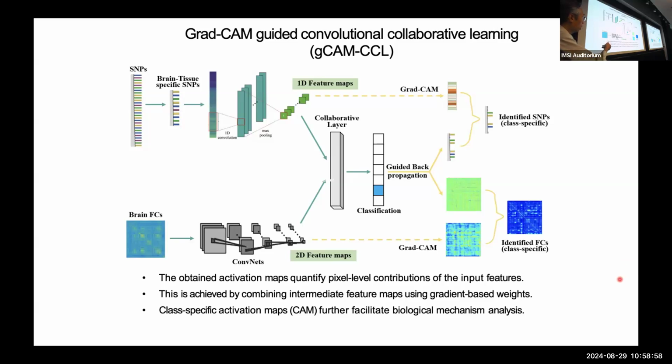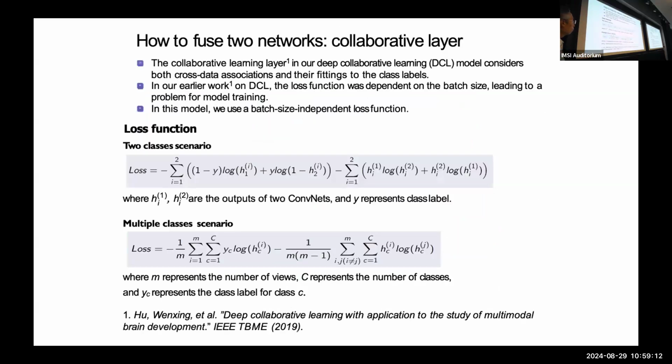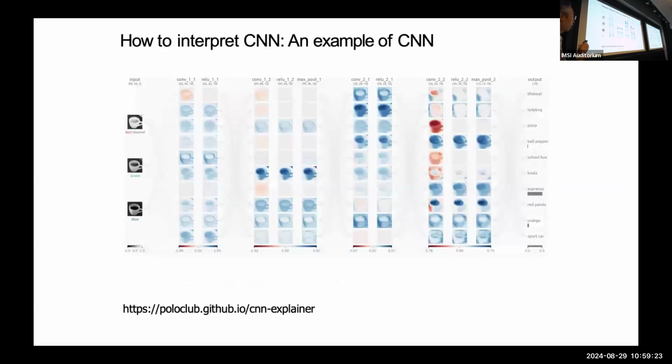At the end, we plug in the Grad-CAM approach to identify significant genomic SNPs and also important brain connectivity networks. Here is the loss function used in formulating our convolutional network. Because of time, I skip those slides.